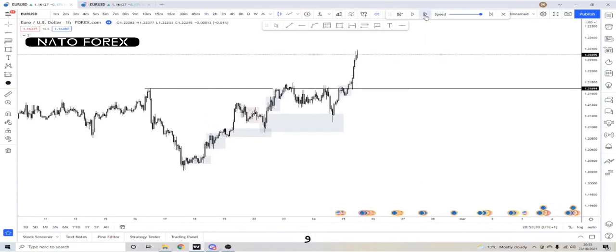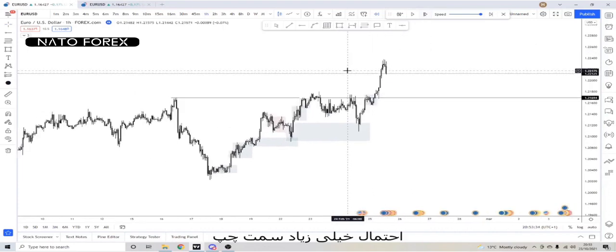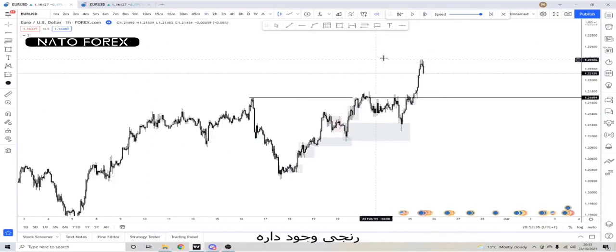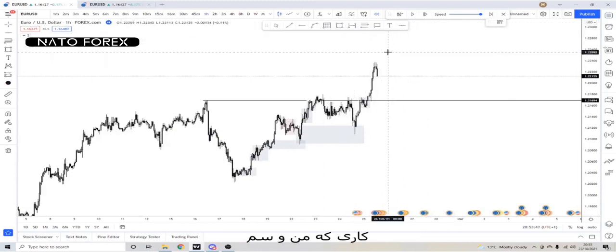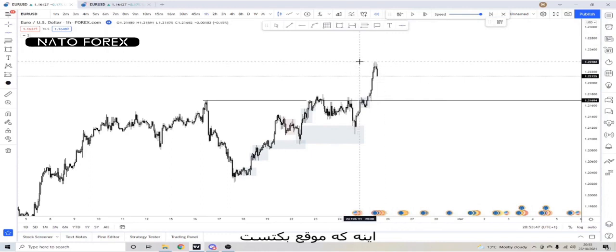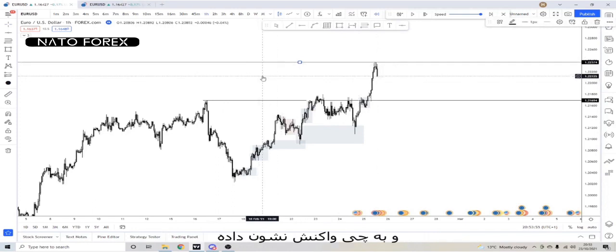And more than likely there's a range to the left that was left unmitigated for this reason. Now, something me and Sam used to do all the time when backtesting is just put a horizontal line and look left and see what it reacted from.